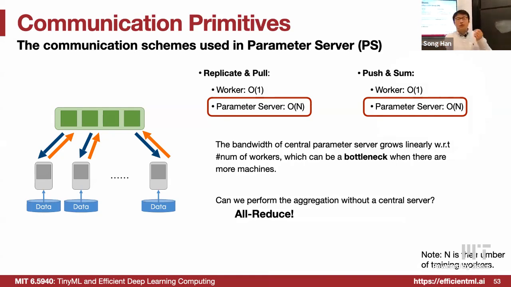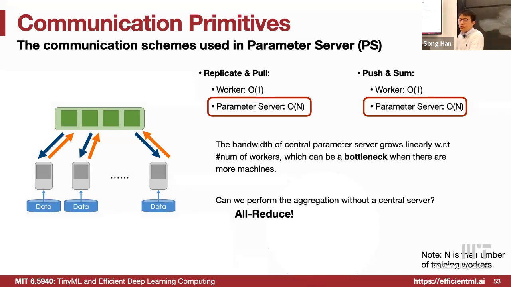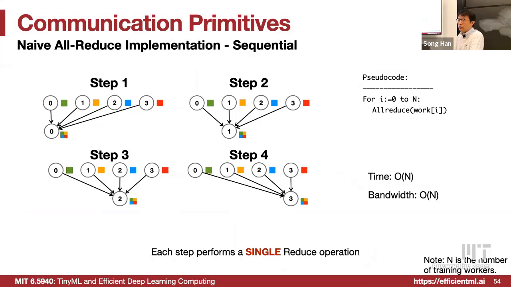So a natural thought is, can we make it more scalable by getting rid of this centralized parameter server and make everything decentralized? Of course, we can do that by using the all-reduce operation to get rid of the centralized parameter server. And how do we do that?